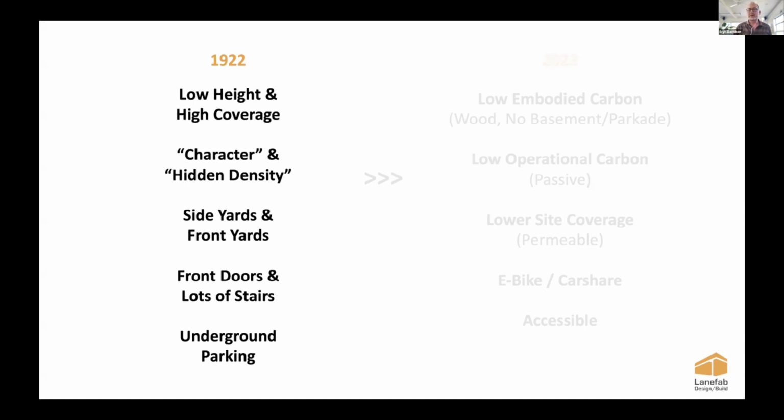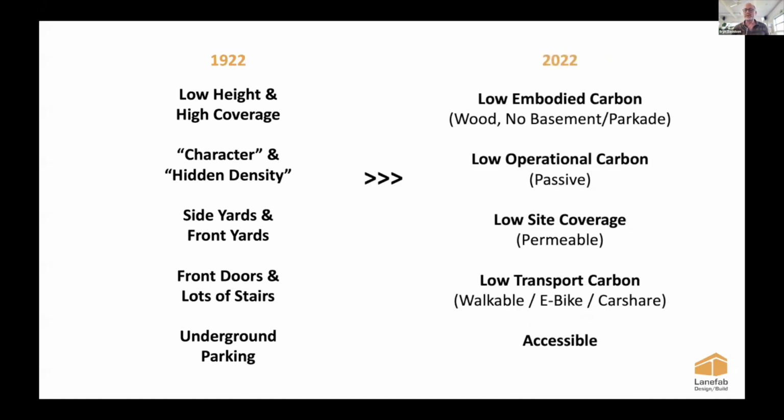We've been more in favor of lower height and more site coverage, those character homes, which we call those pre-1940 character homes. This idea of hidden density, front yards, side yards, all of this kind of stuff is about trying to cling to this idea of this single family character. And I get why that happens politically.